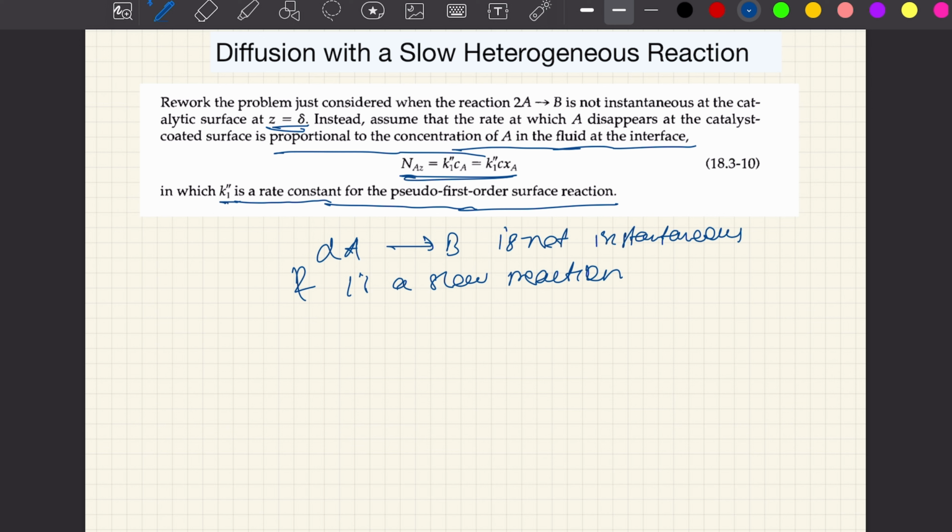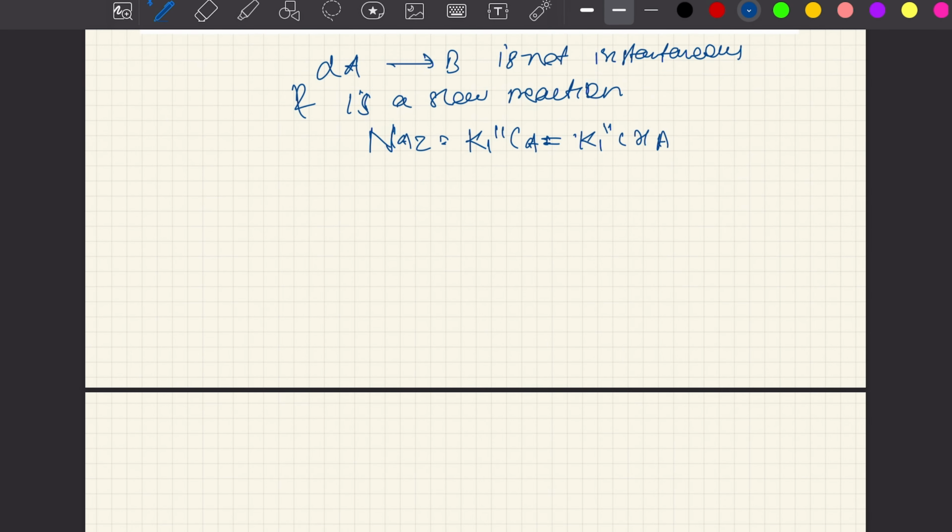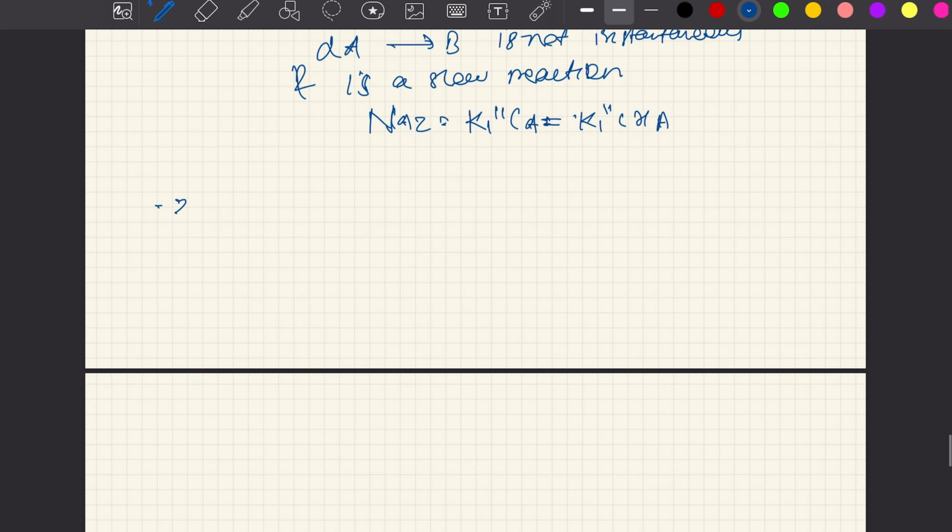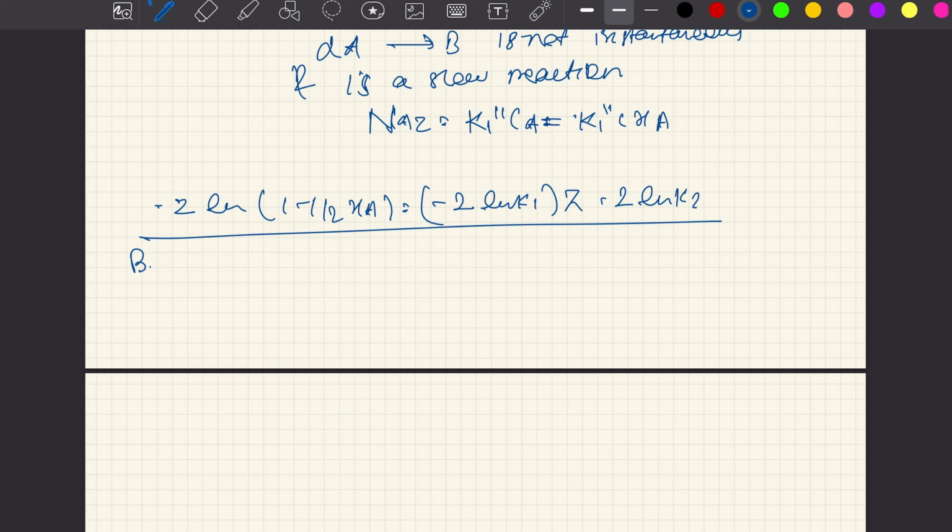Assuming rate to be proportional, we know that N_AZ equals to K1 double dash C_A, which is also equal to K1 double dash C x_A. The differential equation from the last question would be the same, that is minus of 2 ln of (1 minus half of x_A) will be equal to 2 ln K1 times Z minus 2 ln K2. Only here the boundary condition will change.